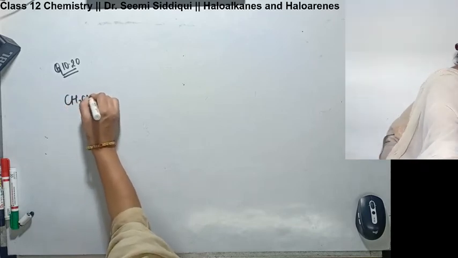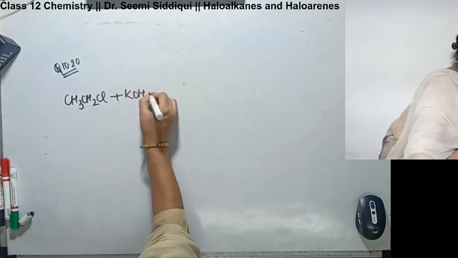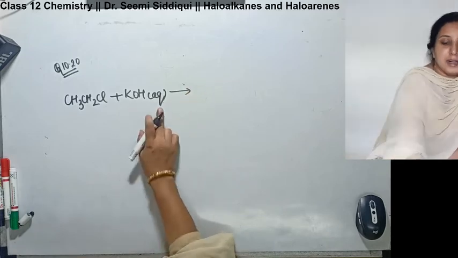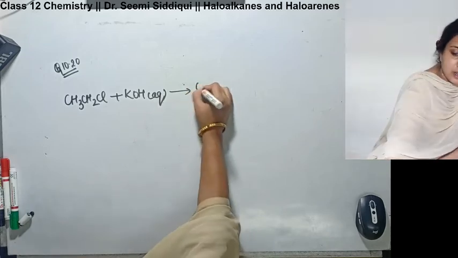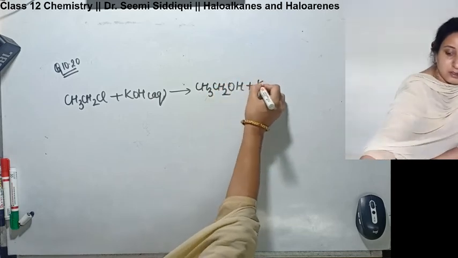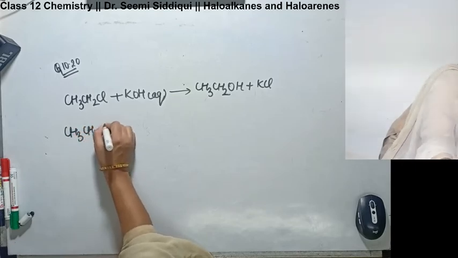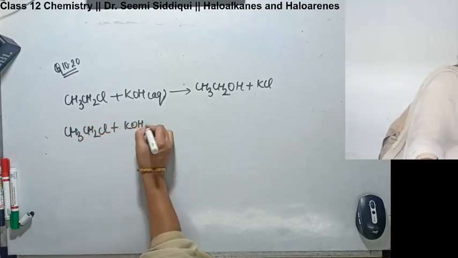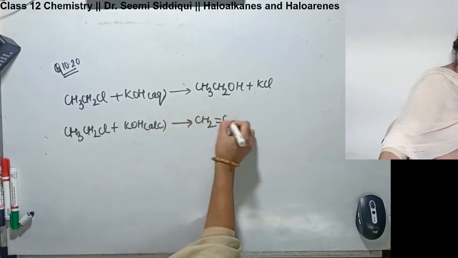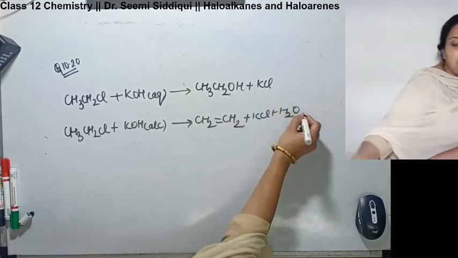The question is saying, CH3CH2Cl plus aqueous KOH gives alcohol, and when we treat CH3CH2Cl with alcoholic KOH, it gives alkene plus KCl plus water.